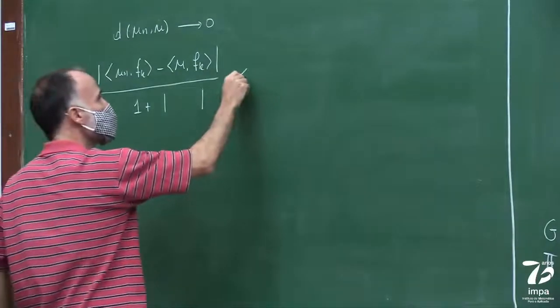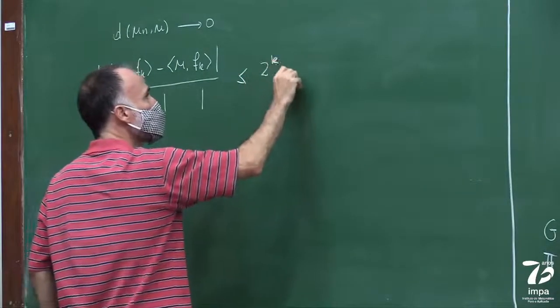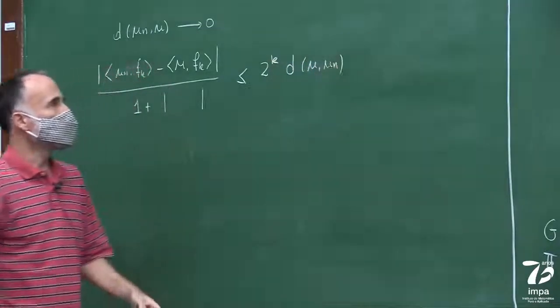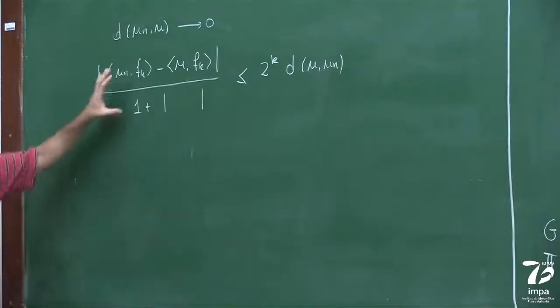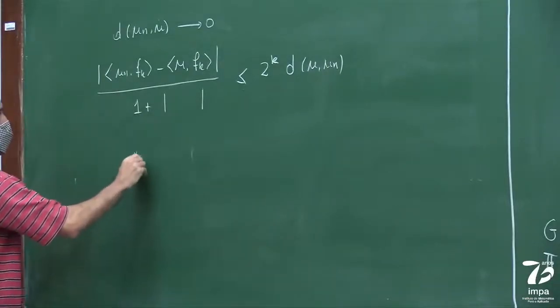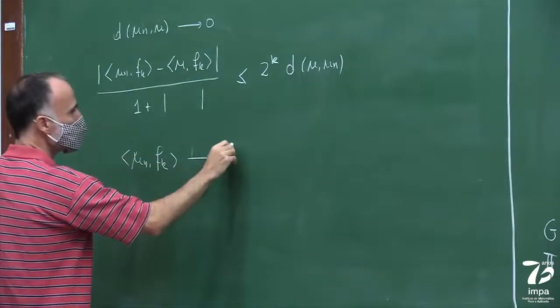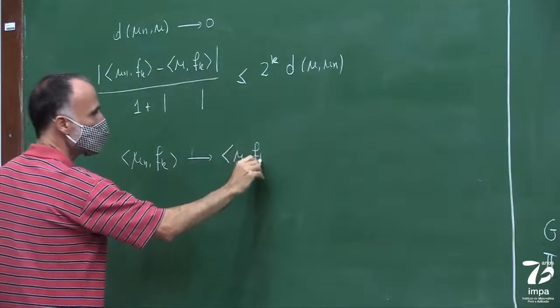So this is less or equal than 2^k times the distance between mu and mu n. And since the distance is converging to 0, this means that this ratio is converging to 0, which means that mu n f_k is converging to mu f_k.